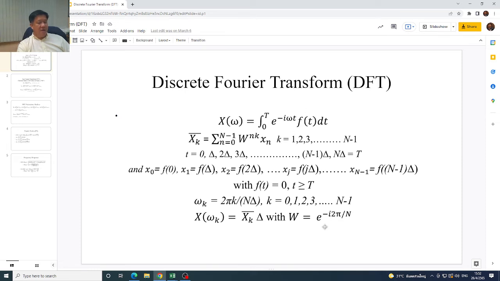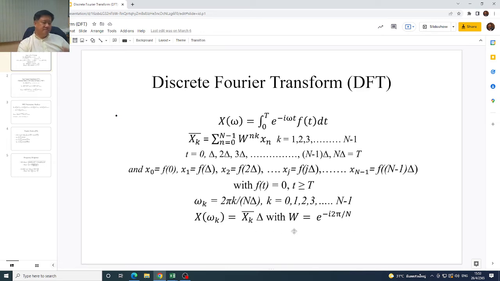That's why the remaining w is like this, and this term can be used as w to the n times k. Since delta cancels, t becomes only n delta, and the only thing left is k, divided by capital N.